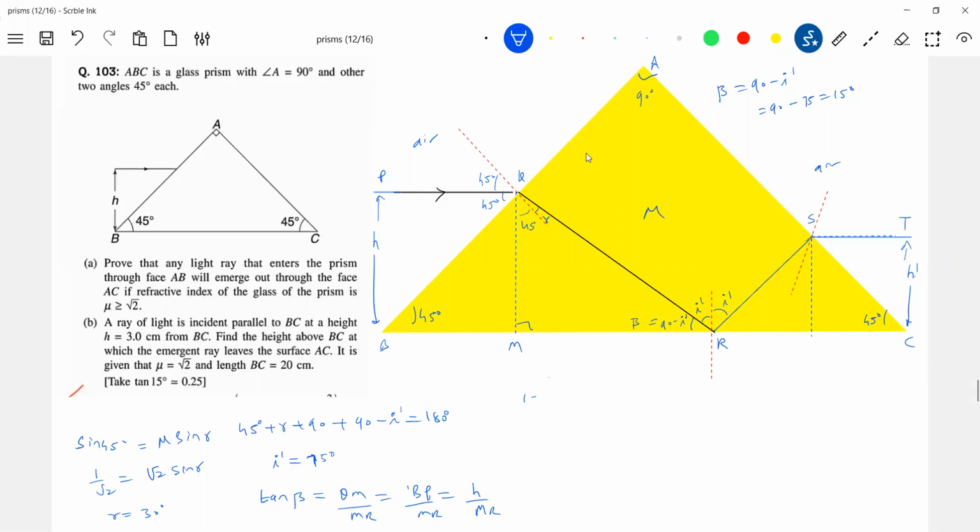I'll go all in order. Tan 15 is H by MR. MR will be 12 centimeter. Tan 15 is how much? 0.25. H is 3, so MR is 12 centimeter. Anybody, BM will be how much? 3 centimeter.